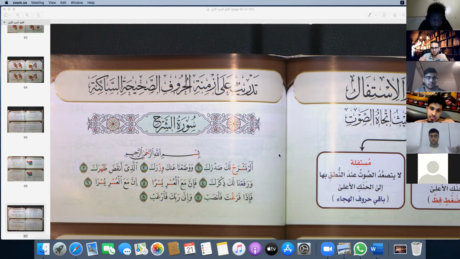If I read very slowly, as we read now, it's different from when I pray tarawih or salah, where I read a little bit faster, but it doesn't mean that I will swallow those letters. I still differentiate between rakhu and shadid. I'm going to demonstrate now as if I'm reading in tarawih.